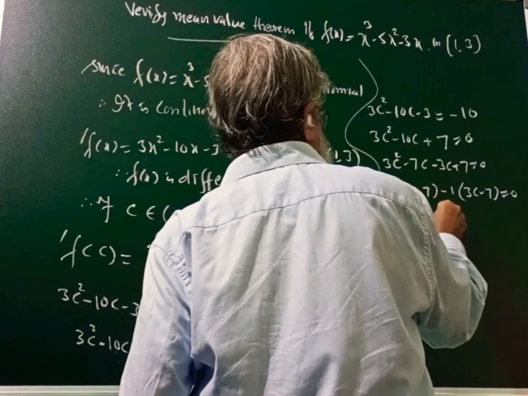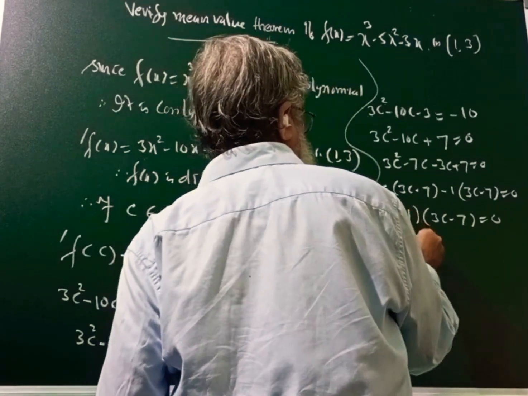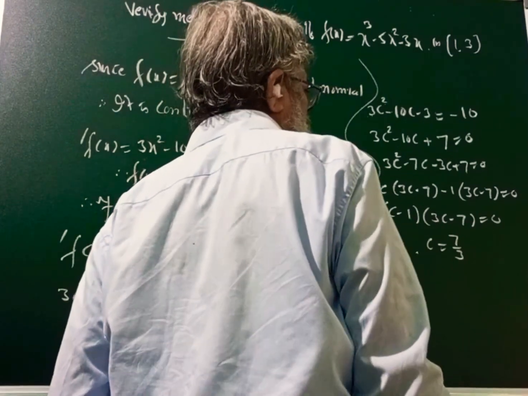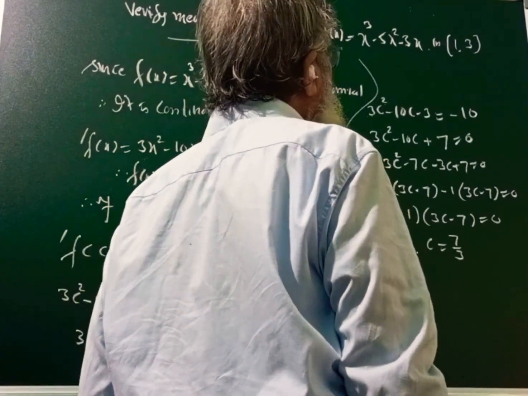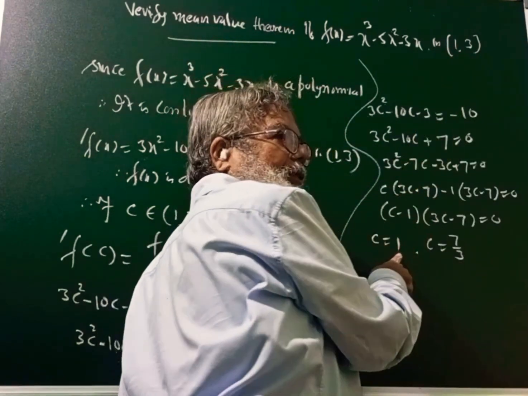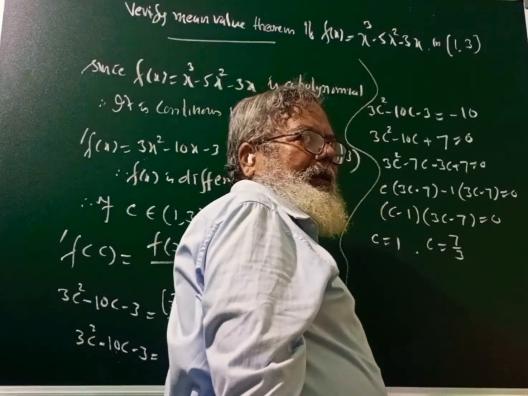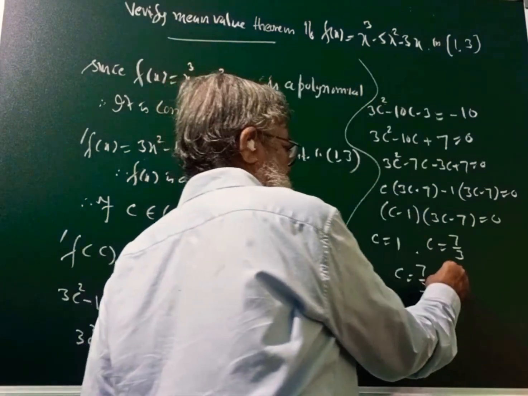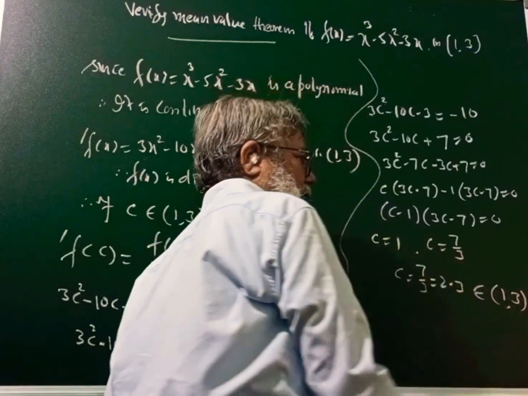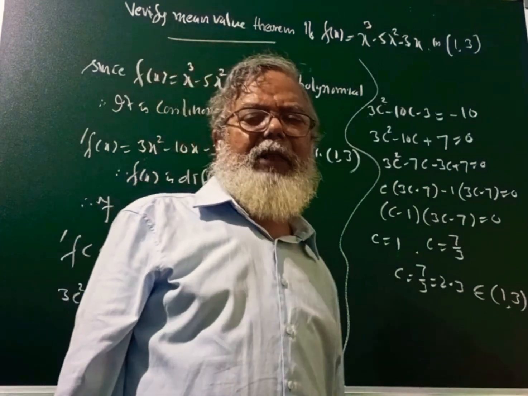So c is equal to 1 for this bracket and c is equal to 7 by 3 for this bracket. Here c is equal to 1 is at the end point, so we don't accept its value. 7 by 3 is 2 point something, approximately 2.33, which belongs to the interval 1 3. It is less than 3 and more than 1. It is inside this interval, hence the theorem is satisfied.